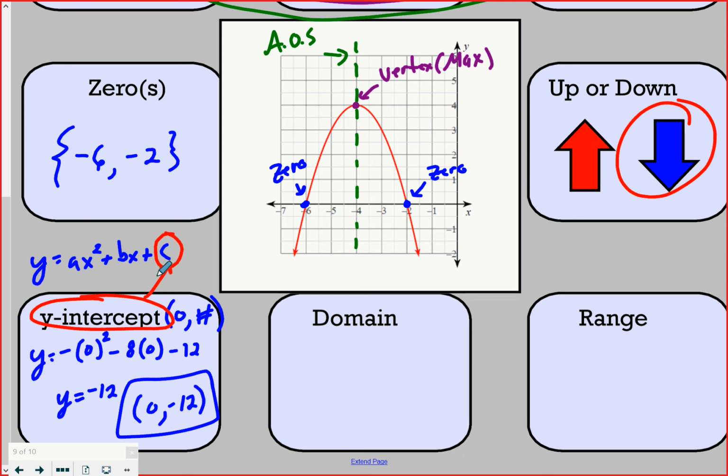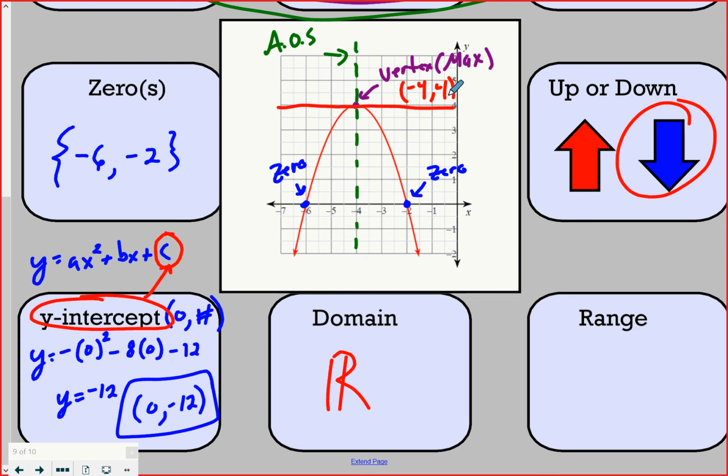Okay? The next part is your domain. We have already discussed this, that your domain is always going to be all real numbers because remember it's all your x values. Now we have to look at your range. Well, my range, since we have our max, is going to stop at this point, at that line, right? Well, remember your vertex was what? Negative 4 and 4.